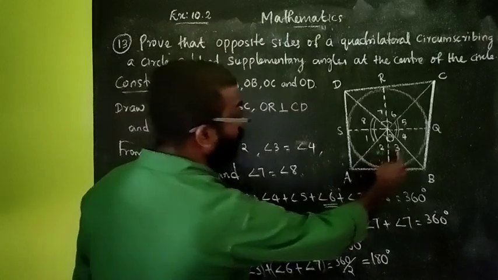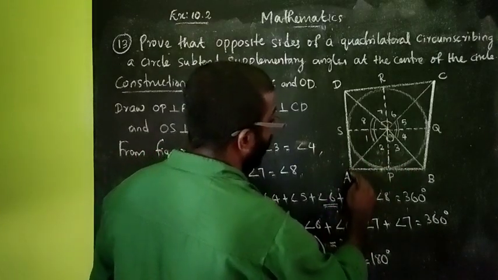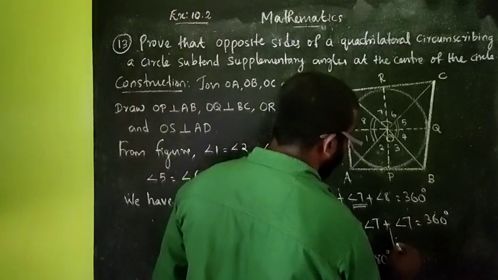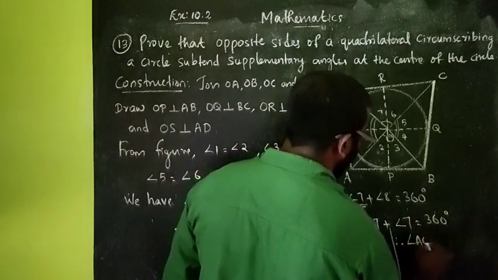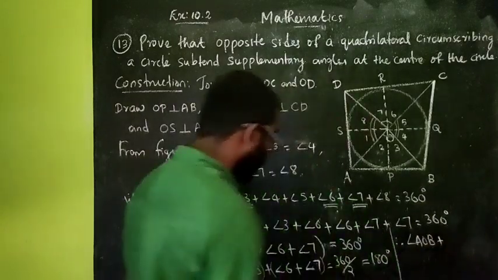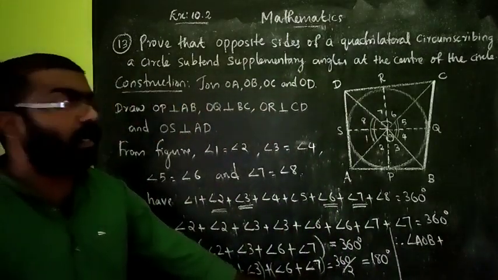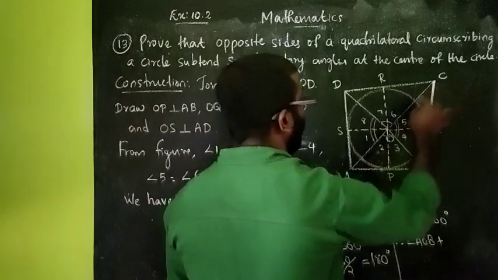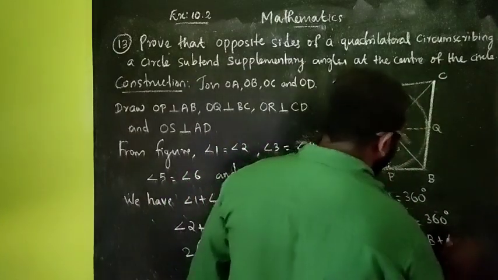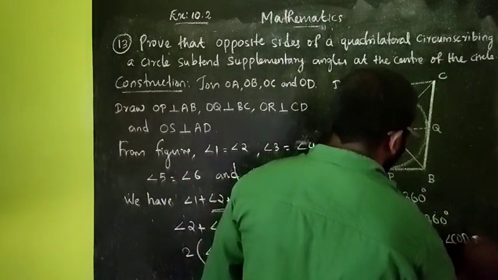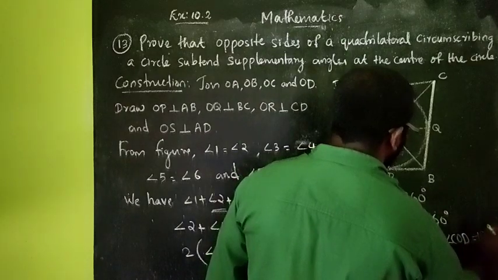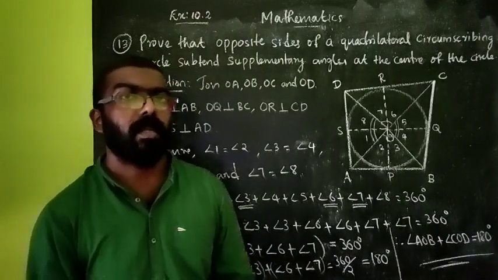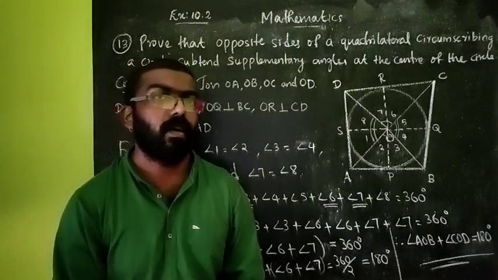What is angle 2 plus angle 3? It is nothing but angle AOB. So here we can write, therefore angle AOB plus angle 6 plus angle 7. Look at the figure. Angle 6 plus angle 7 is angle COD, which gives 180 degrees. That means these opposite angles are supplementary. So the first part is over.